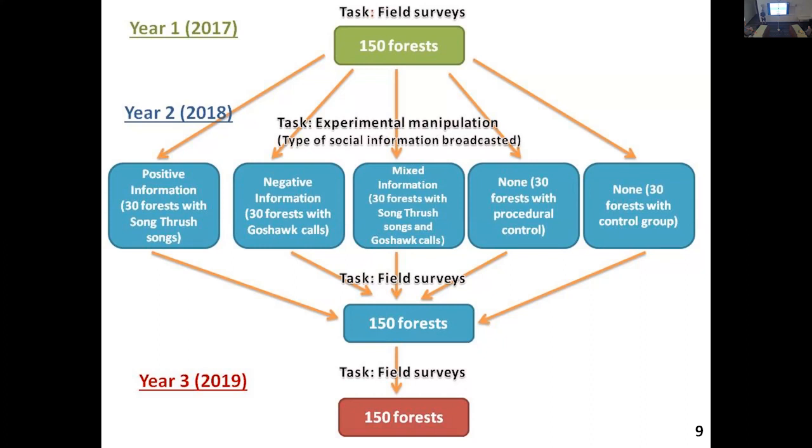I have one more. Do you think the goshawks would be attracted to other goshawks, or are they territorial, and maybe they avoid the other ones? In the negative playback treatment, did it have more actual goshawks coming in? No, it didn't.